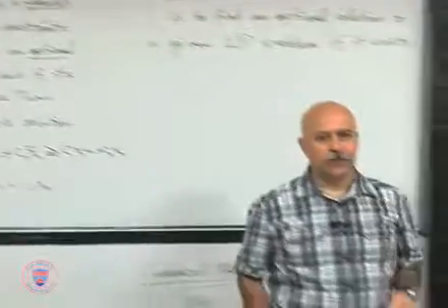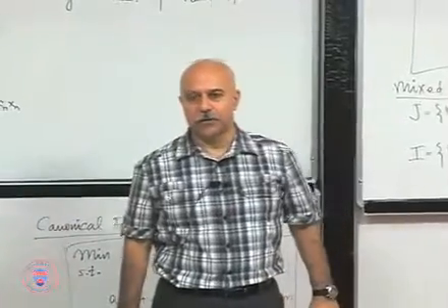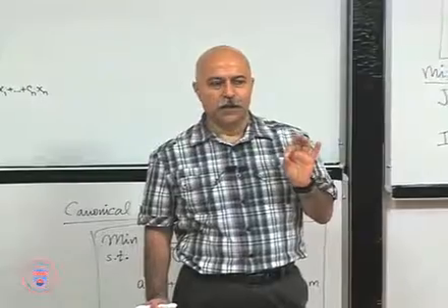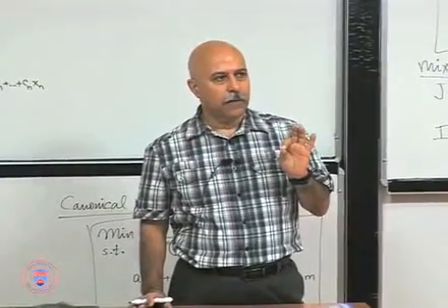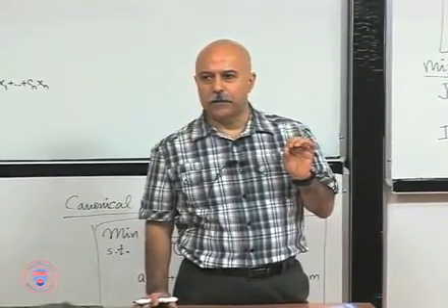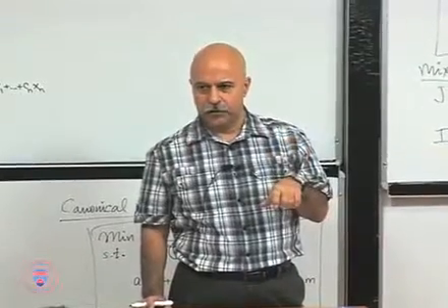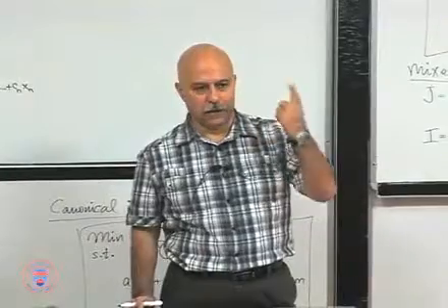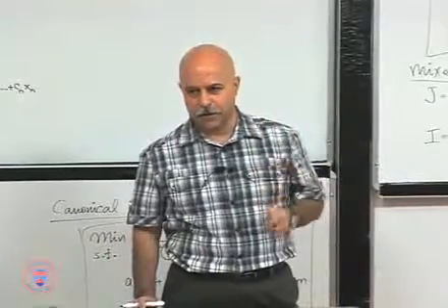Let's put it this way. The linear programming problem will not have an optimal solution if for every feasible solution you can find another feasible solution which is better in objective value.